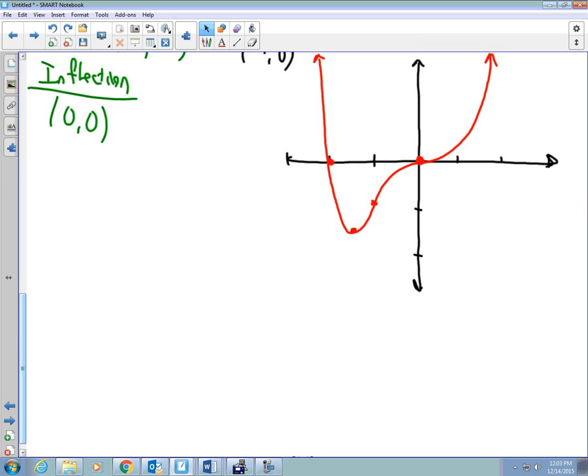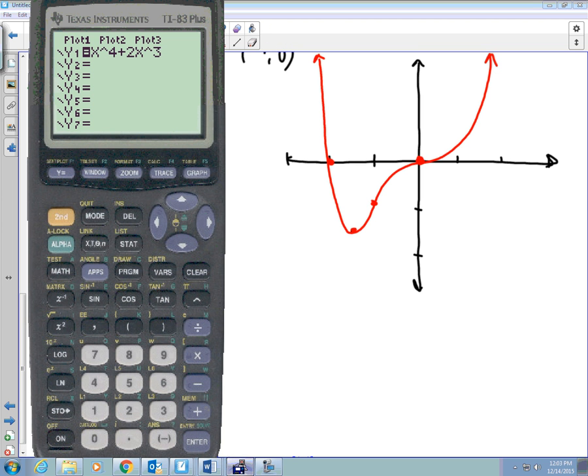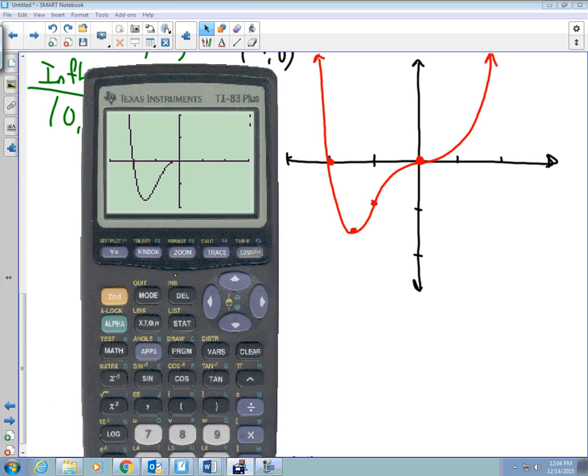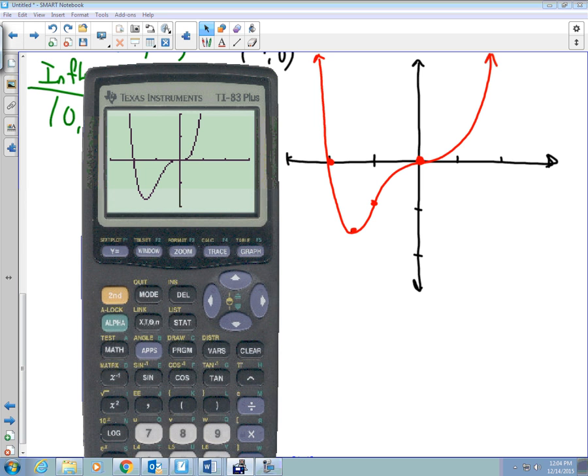Matches with what we have listed. And if we check within our window, negative 3 to positive 3, and then we will go negative 2 to positive 2, a tick mark every one. I sketch the graph. Pretty good, huh? I mean, to think that we can sketch it that accurately within 5 minutes, pretty impressive.